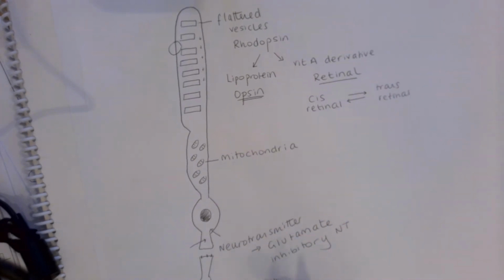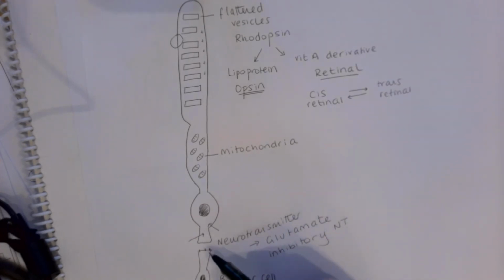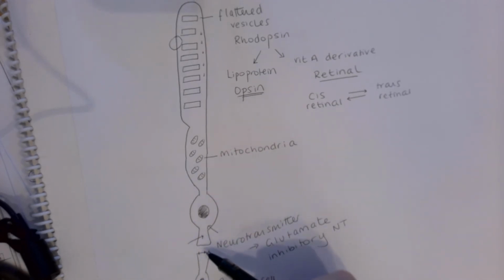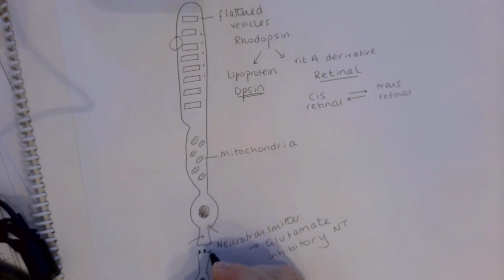So this neurotransmitter is going to be released from here, pass across the synapse, and bind to the receptors on the bipolar cell.